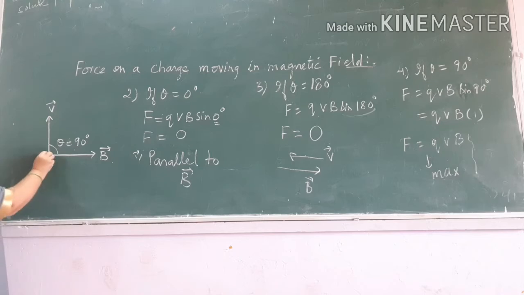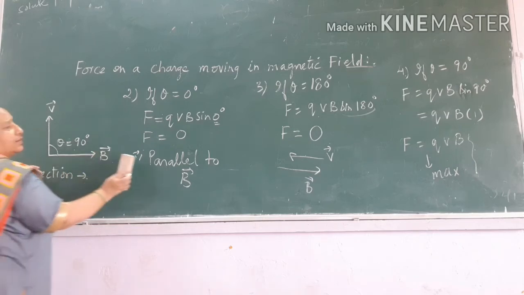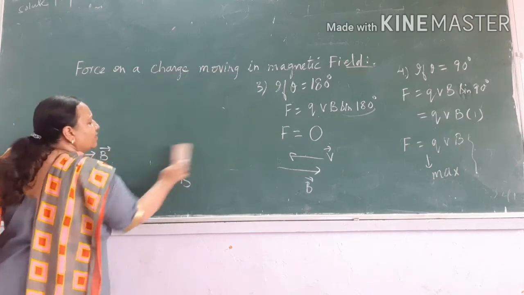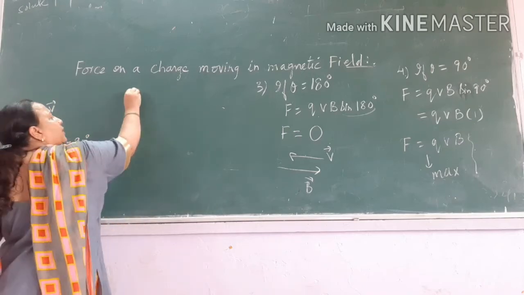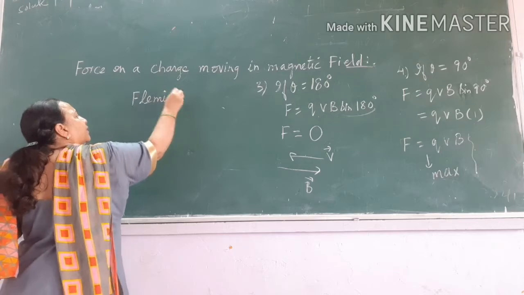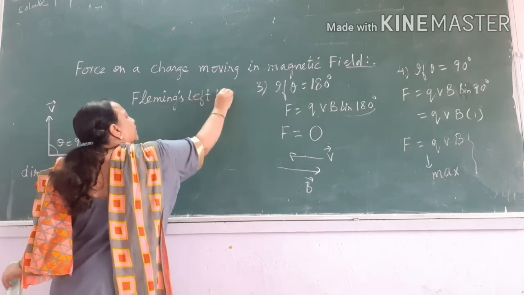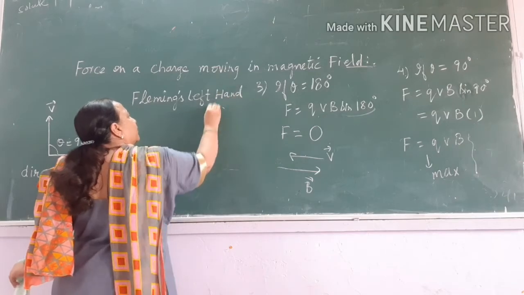So the force acting on this particle will be maximum here, and in this case the direction of the force can be obtained by using a rule. What is that rule called? The rule is known as Fleming's left hand rule.